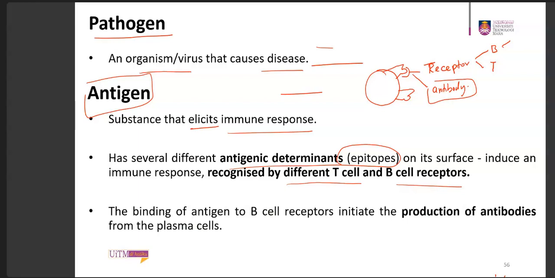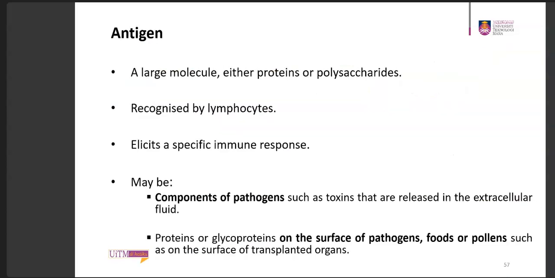So the binding of antigen to B cell receptor initiates the production of antibodies from plasma cell. Plasma cell is effector B cell, a B cell that is going to be activated and work at the time of infection to produce antibodies.